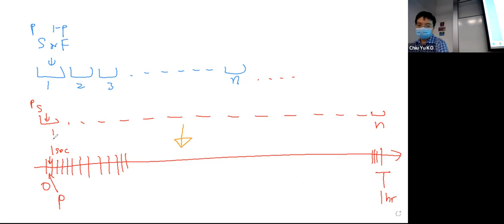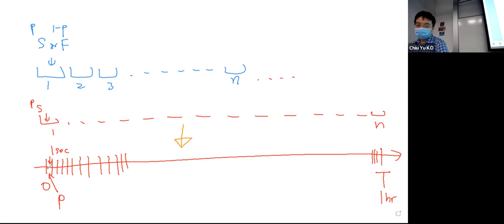You can imagine a period of time, whatever you like, 1 hour, 1 minute, 1 second, and cut this time interval into very, very small subintervals. In each small interval, the probability that an event would happen, which we call a success, is very small.